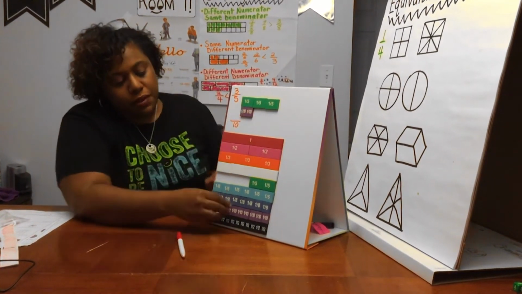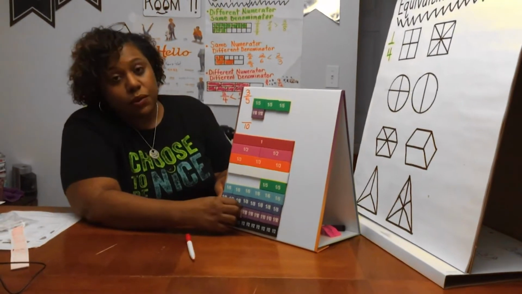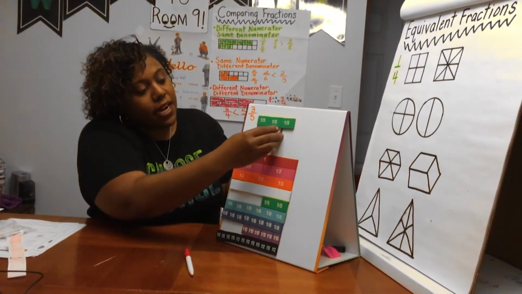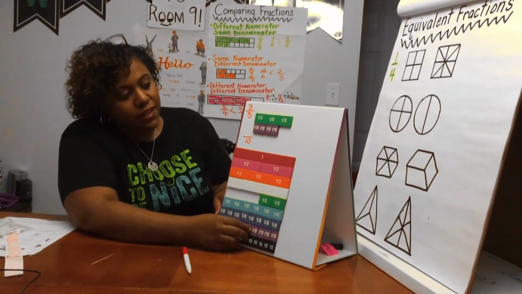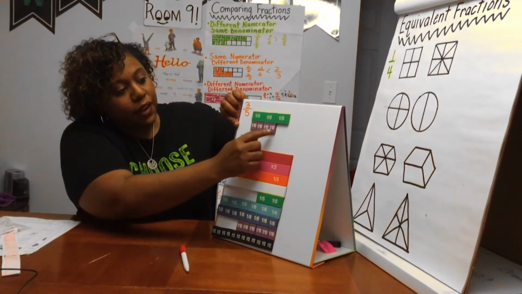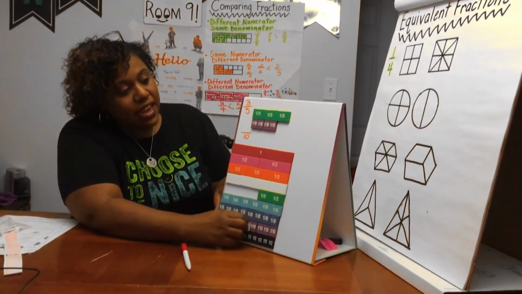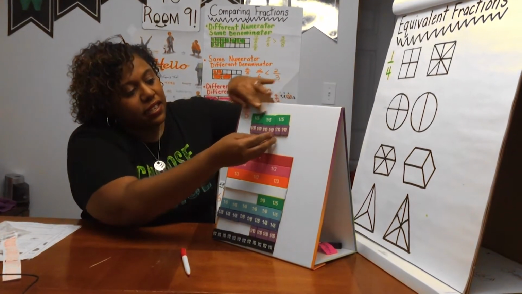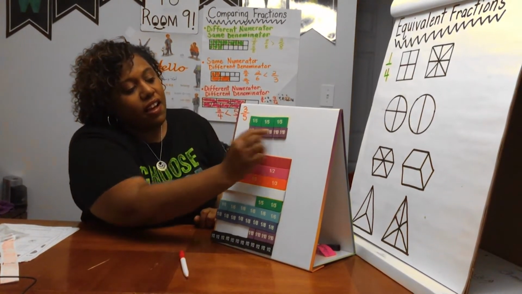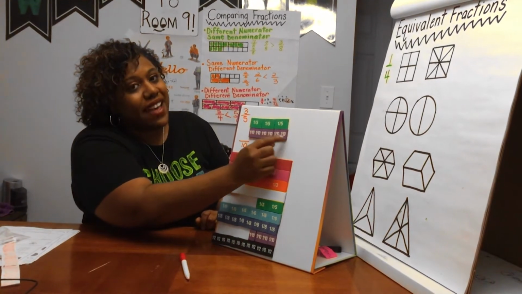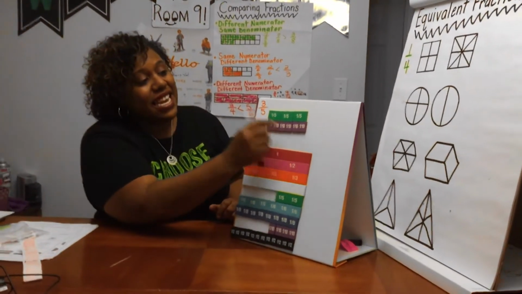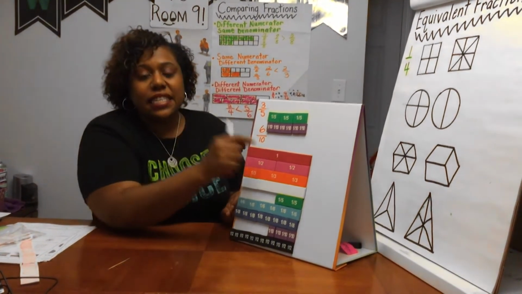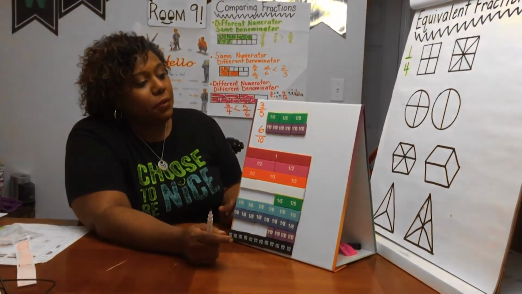So 2 tenths is equal to 1/5. So I've got 3/5, so I need another set of 2. So that gives me 1, 2, 3, 4 tenths. And another set of tenths. 1, 2, 3, 4, 5, 6 tenths is equal to 3/5. 6 tenths is equal to 3/5.